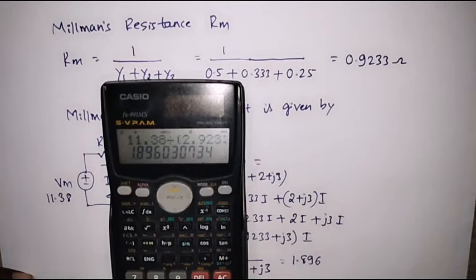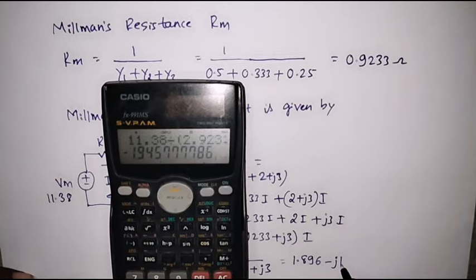Press shift equal, and you will get the imaginary term, that is minus J1.945.